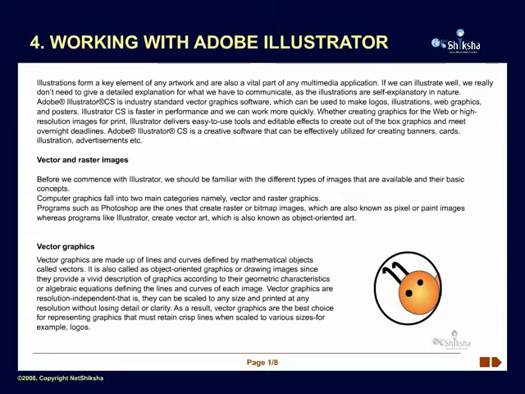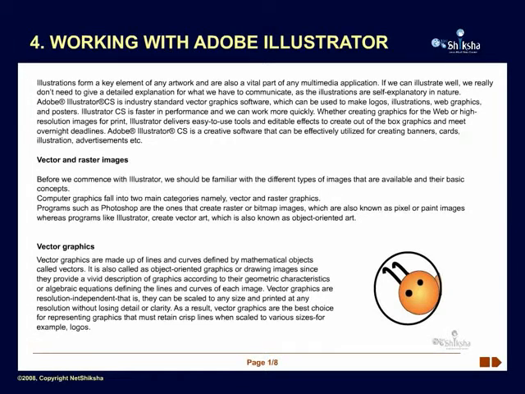Vector graphics. Vector graphics are made up of lines and curves defined by mathematical objects called vectors. It is also called object-oriented graphics or drawing images, since they provide a vivid description of graphics according to their geometric characteristics or algebraic equations defining the lines and curves of each image.